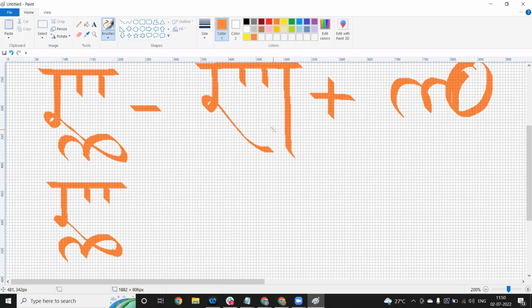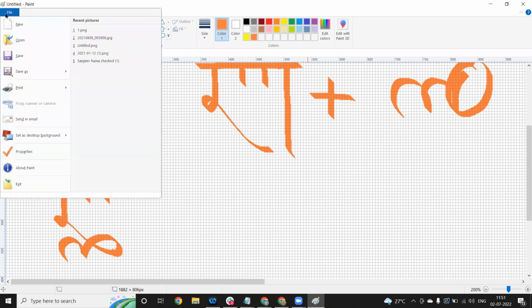So with this we completed the Sanyukta Akshar also. We will do the revision of all the letters that we learned today.